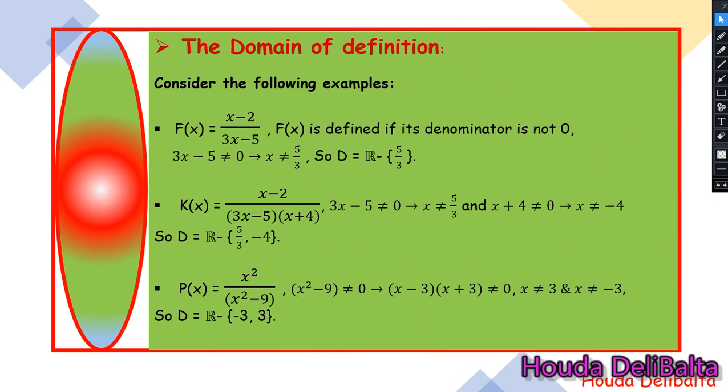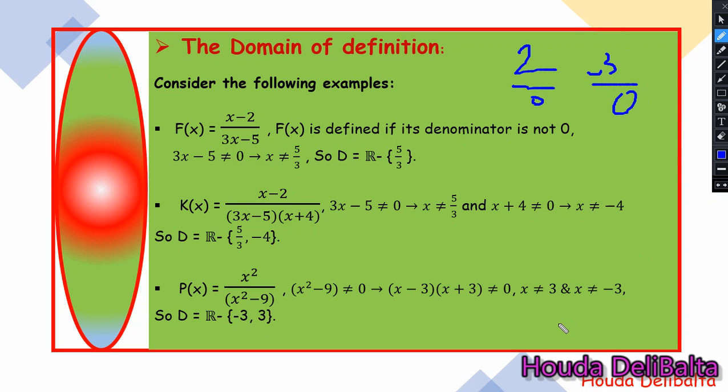And here we go with the last part in our chapter, the domain of definition. Before starting about the domain of definition, let's press on the calculator. For example, 2 over 0, minus 3 over 0.